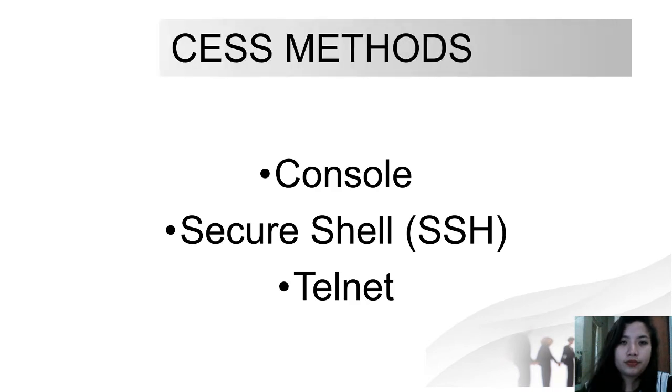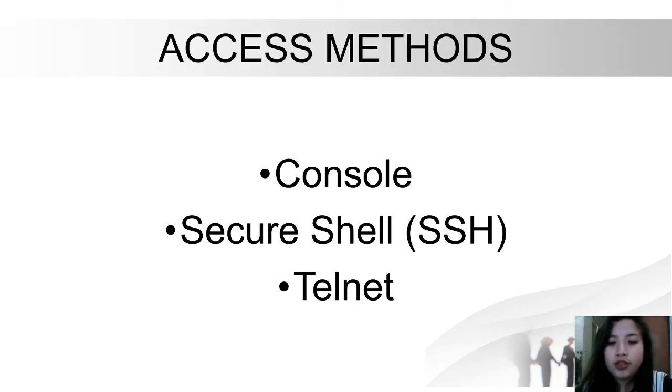Then, access methods. These are the access methods: console, secure shell or SSH, and Telnet. A Cisco IOS switch can be implemented with no configuration and still switch data between connected devices.